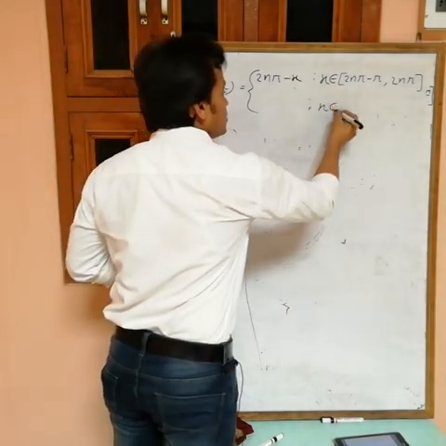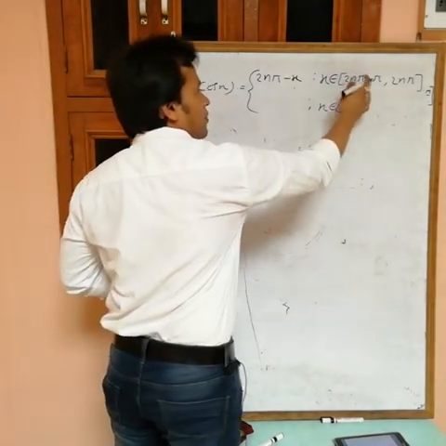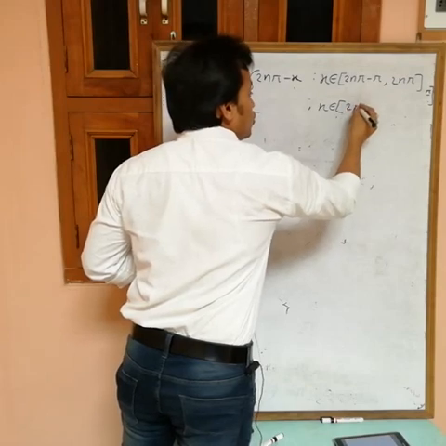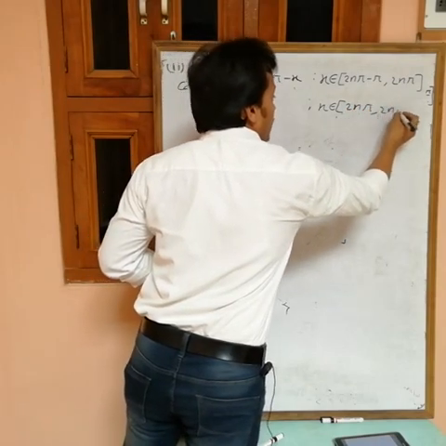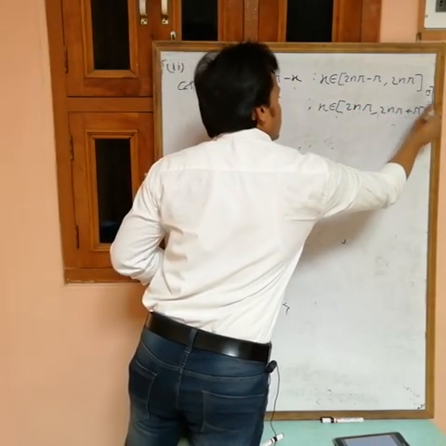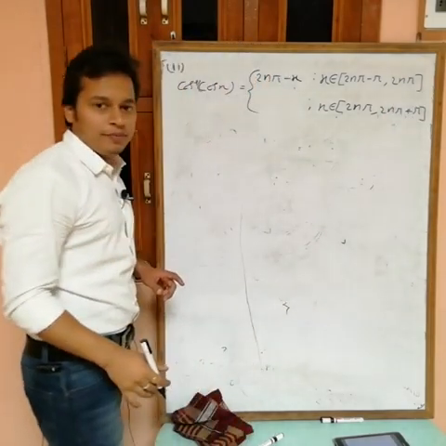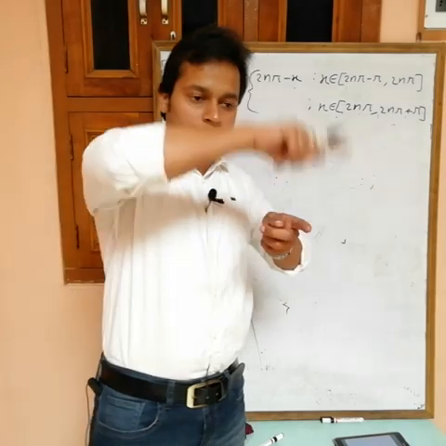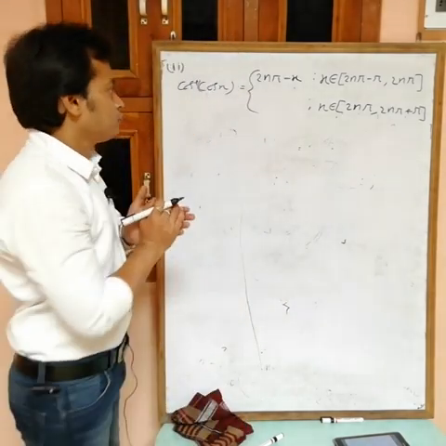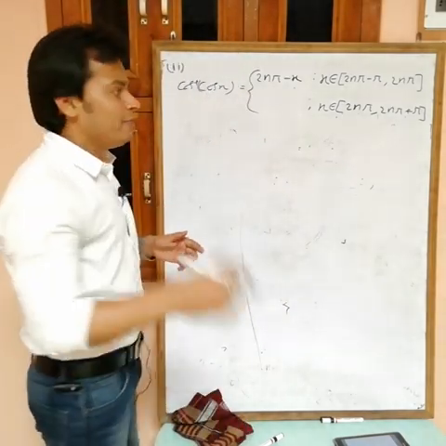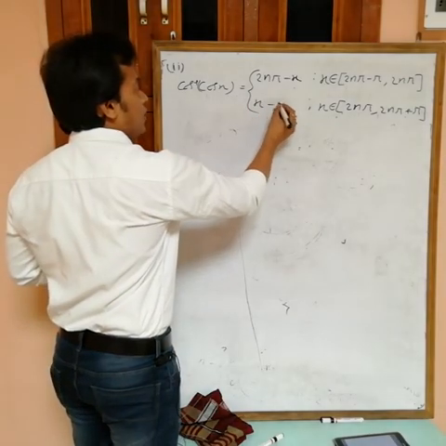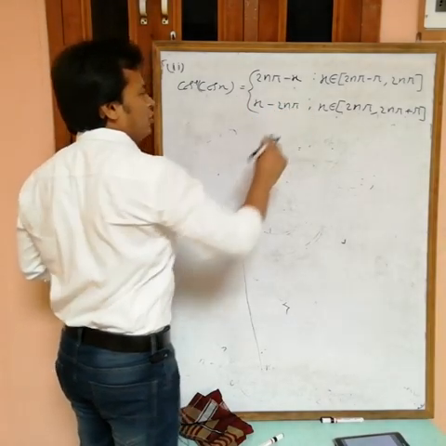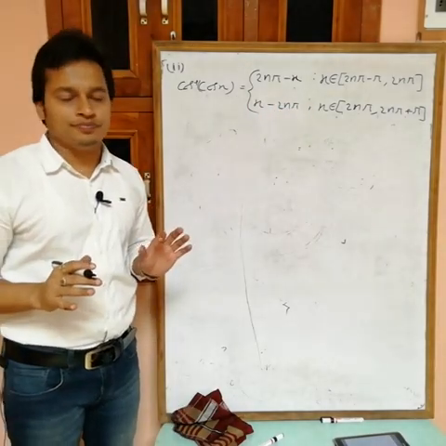And if x is greater than 2n pi, then now 2n pi to 2n pi plus pi, it means greater than an even multiple of pi. Okay, no? 2n pi to 2n pi plus pi, greater than. Okay. If x is greater than an even multiple of pi, then the answer is x minus that even multiple of pi. This is the formula. Okay.